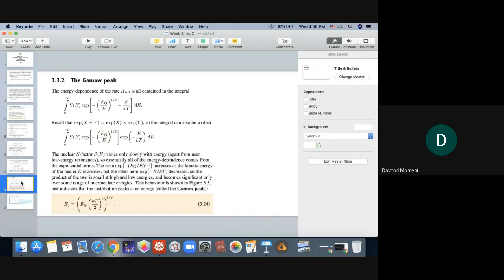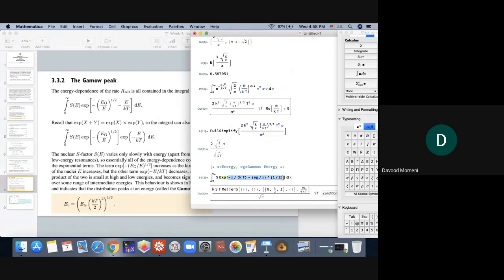So by this technique, you can find the Gamow peak, which is given by E_G times root kT squared. Do you know how you can find this? The technique to find the Gamow peak energy is that you have these functions. This is our function.